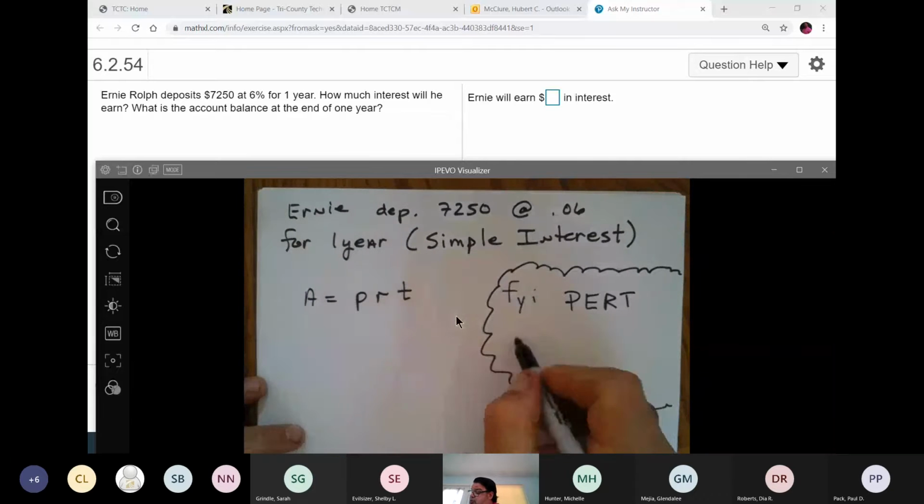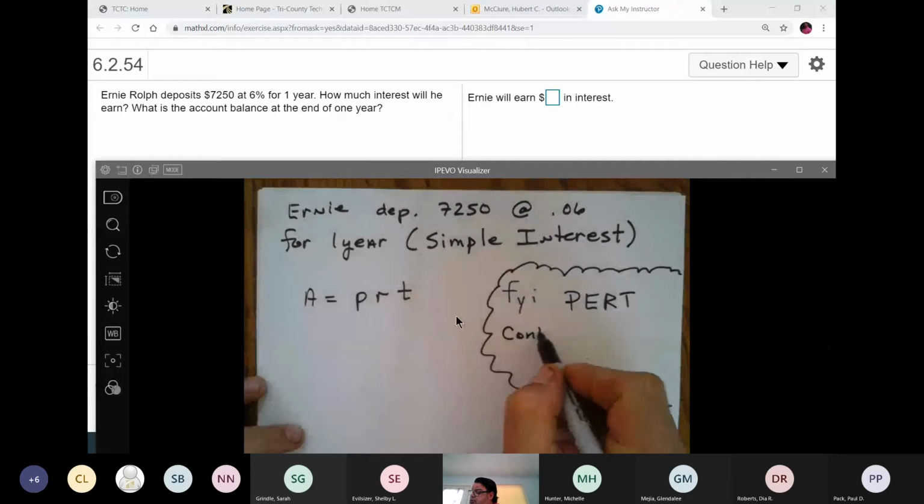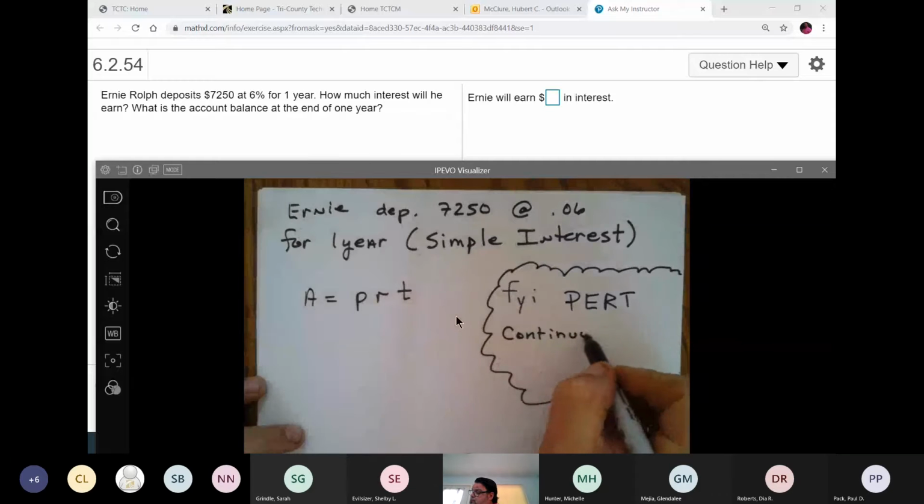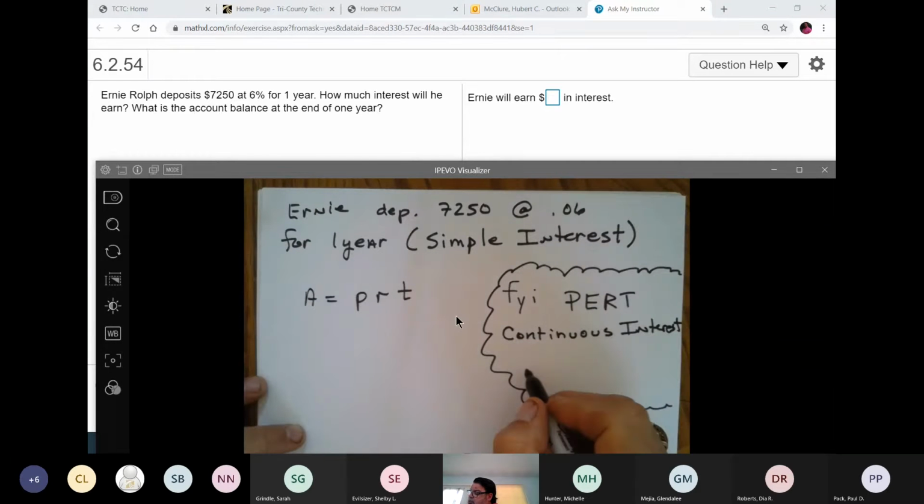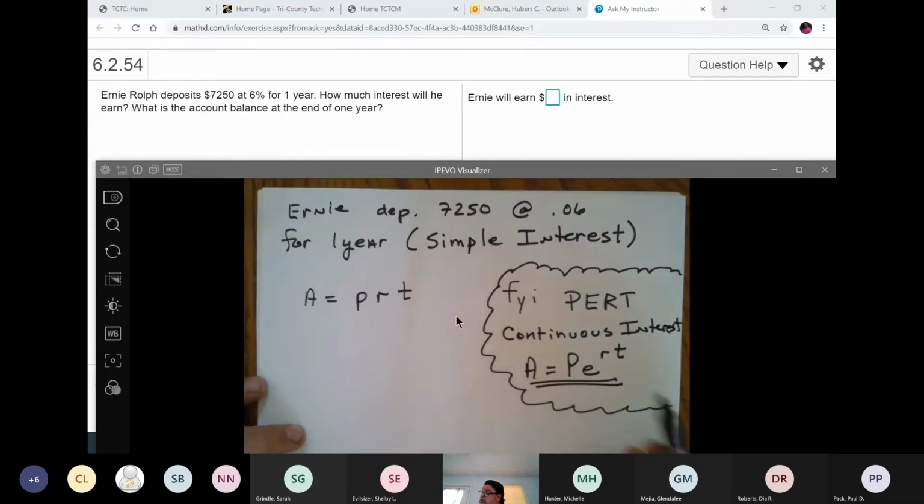PRT, continuous interest, which the bank uses. A is equal to P E to the RT. That's what a lot of banks use instead of the compound interest, which is the first homework problem we did.